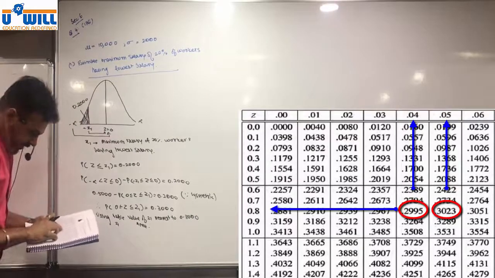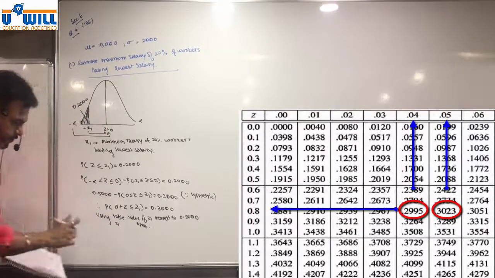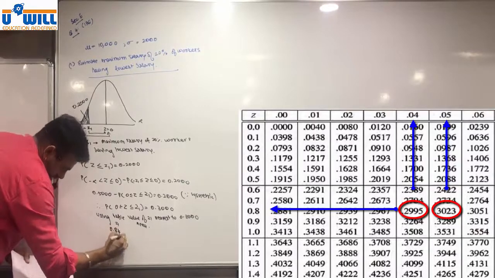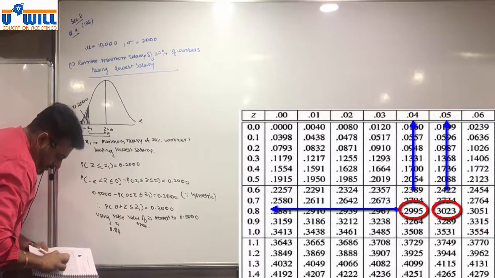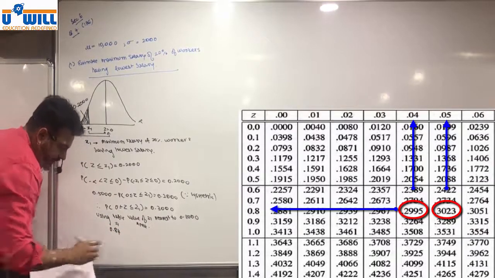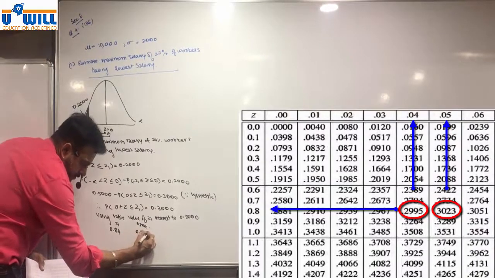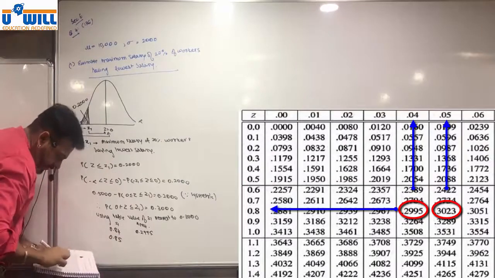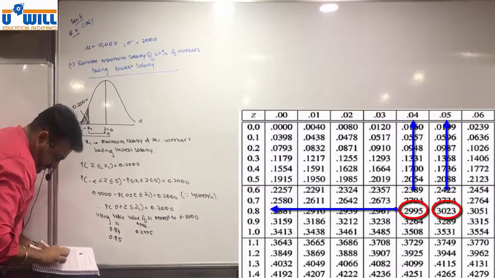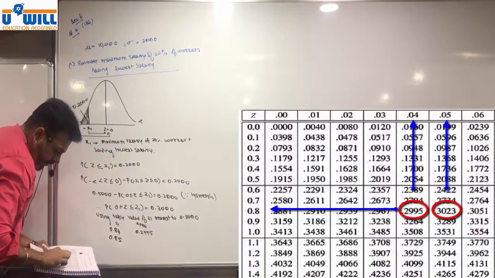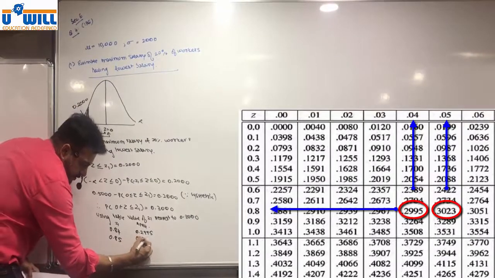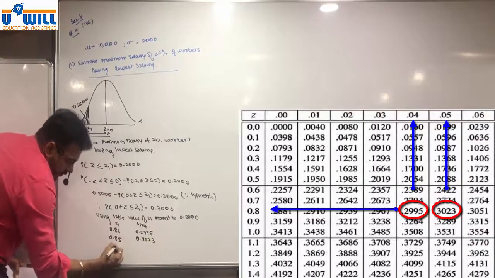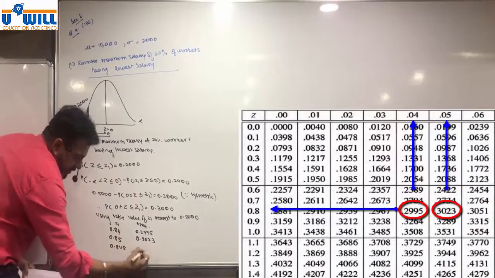Now 0.84 is 0.2995 and 0.85 is equal to 0.3023 and average 0.845.